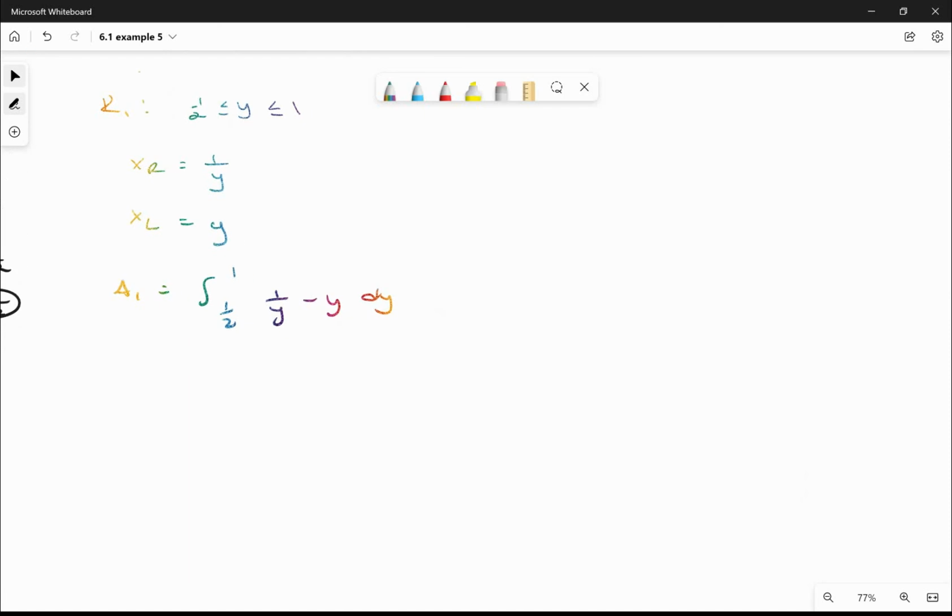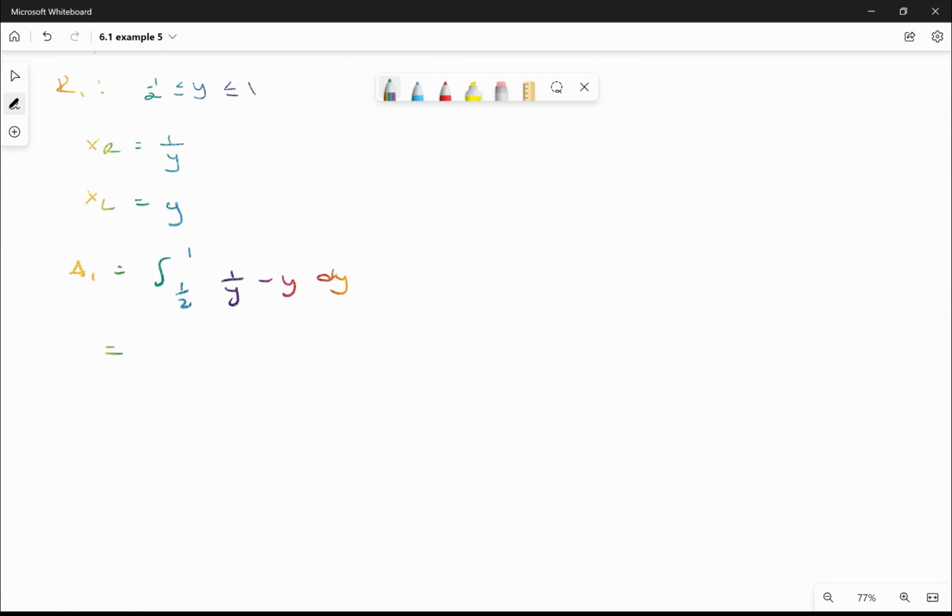And that is equal to ln of the absolute value of y minus y squared over 2, from 1/2 to 1. So this is ln of 1 minus 1 squared over 2, which is 1 over 2, minus ln of 1/2 minus 1/2 squared over 2.